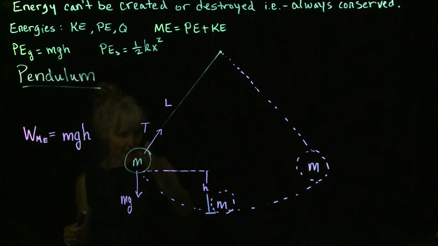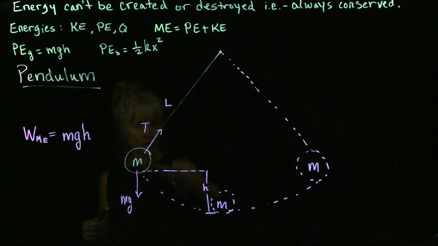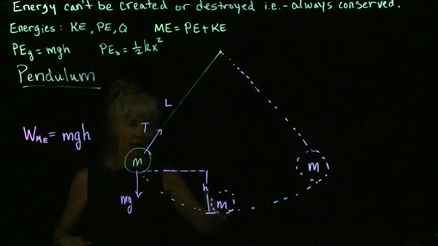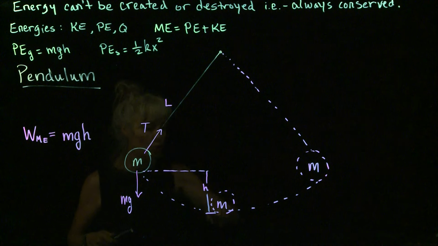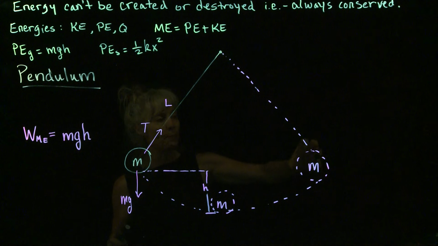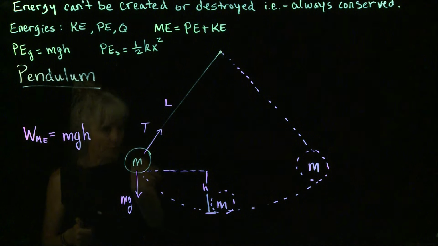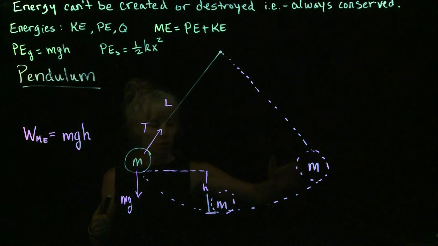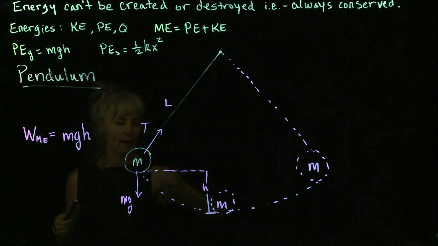Notice that as this mass swings, and it's going to swing, I'm going to release this mass and it's going to swing down. It's going to reach its equilibrium position, but then it's going to slow as it comes back up until it reaches its maximum extension again, and then it's going to repeat. It's just going to keep oscillating back and forth and back and forth.